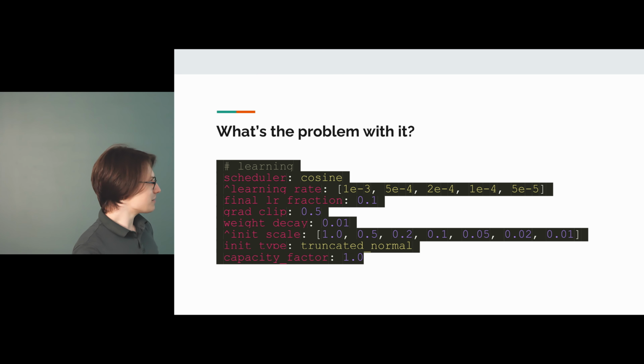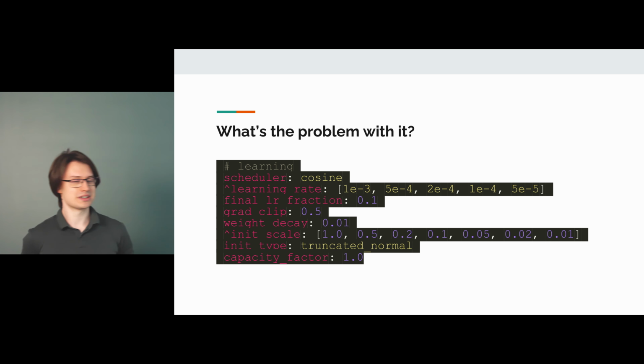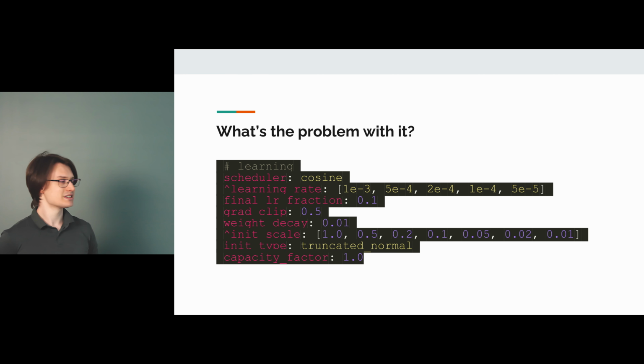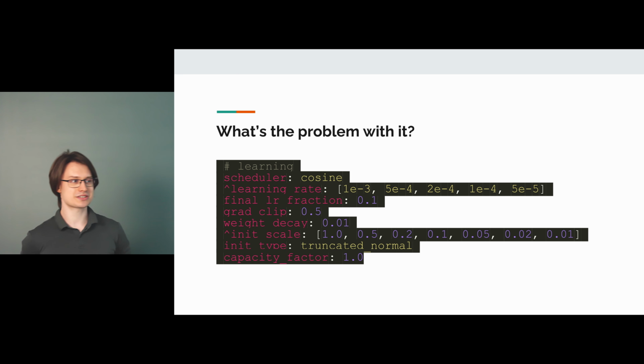But one problem with training such a big model is that you also have to have good hyperparameters, and such hyperparameters are expensive to obtain. Most of the time, people perform some kind of grid search or sweep over the hyperparameter space. At least the learning rate has to be tuned.